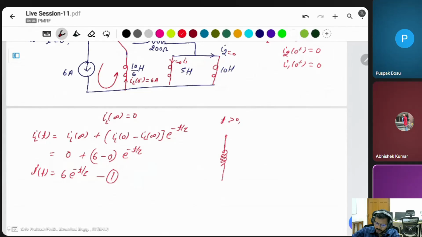This inductor has some resistor, but no need to draw the resistor, because you have to find the equivalent inductor seen from this resistor. This is 10 by 6 Henry, this is 5 Henry and this is 10 Henry.